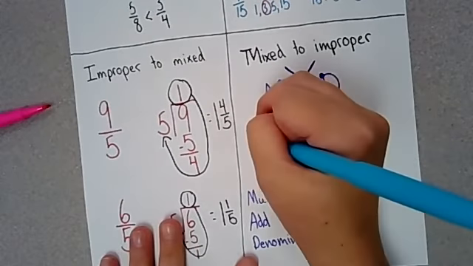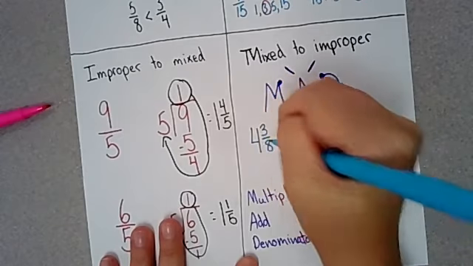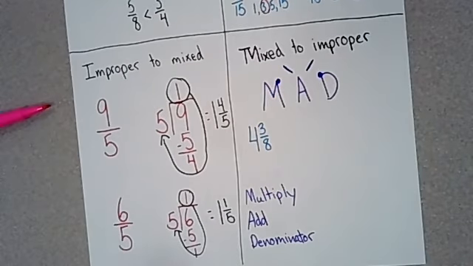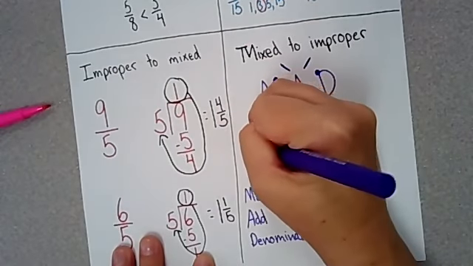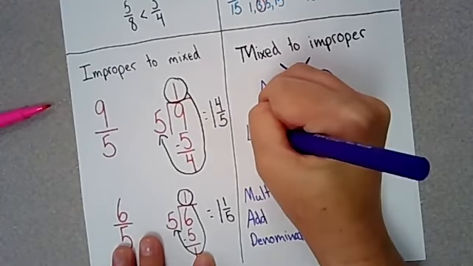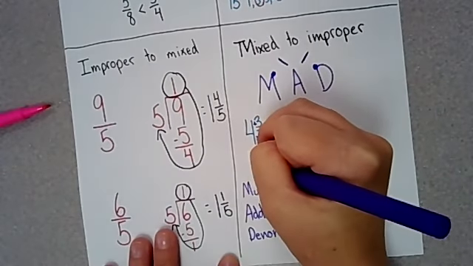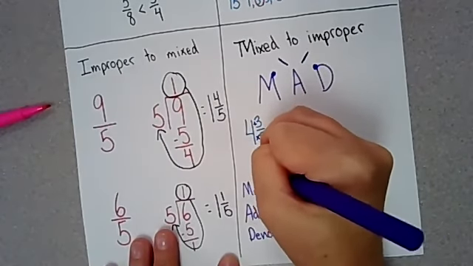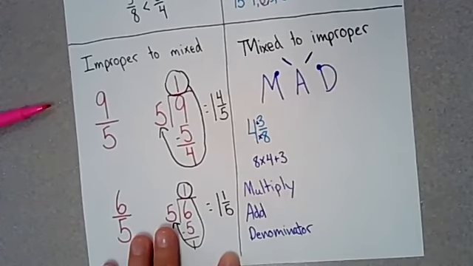Okay, so if you've got 4 3/8 as your mixed number, you are going to start at the bottom and you are going to multiply 8 times 4, and then you're going to add the top number. So this is 8 times 4 plus 3.